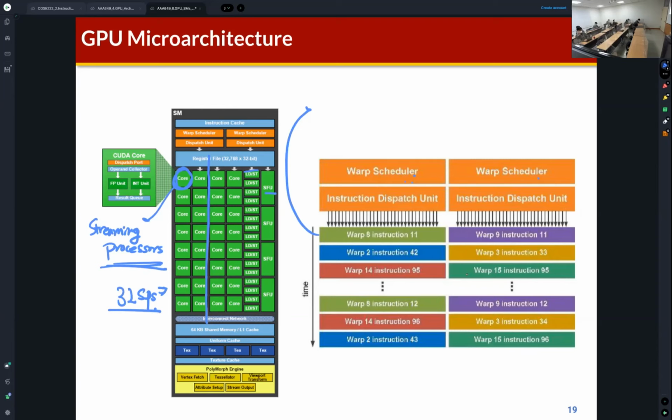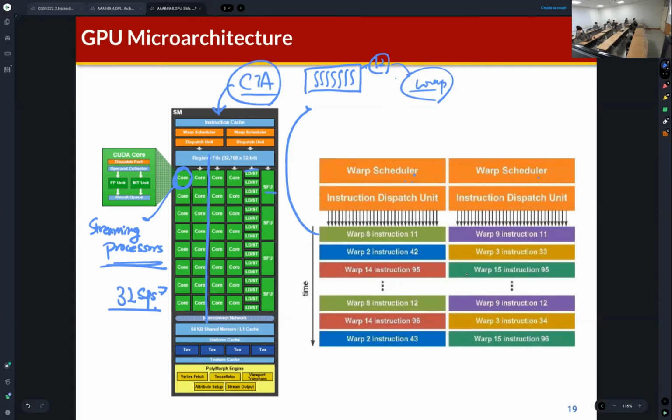When warps are launched in the SM, as I explained about the GPU execution model, the CTAs, the thread blocks, are assigned to the SM. The CTA has multiple threads, and among these threads, 32 threads are selected and grouped into a warp.